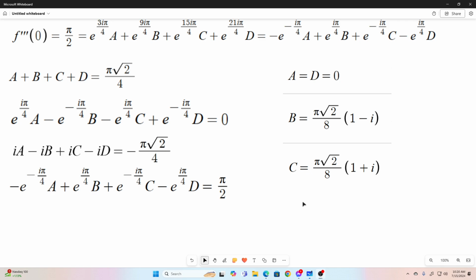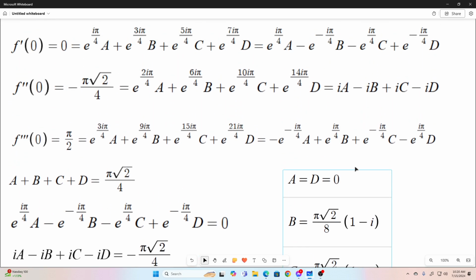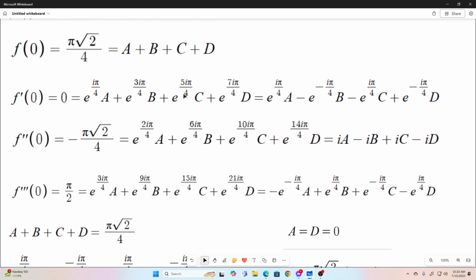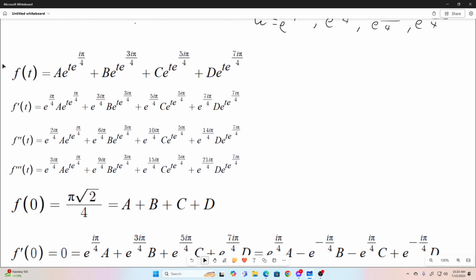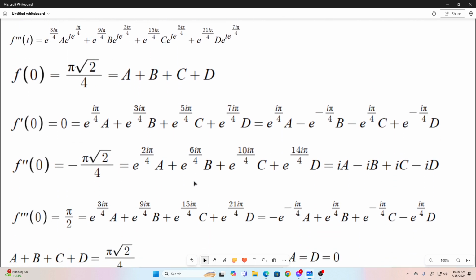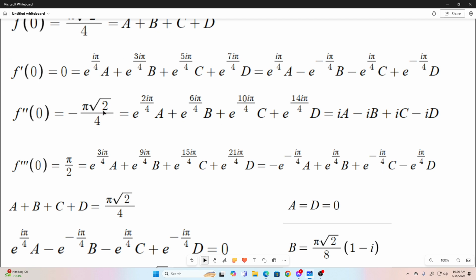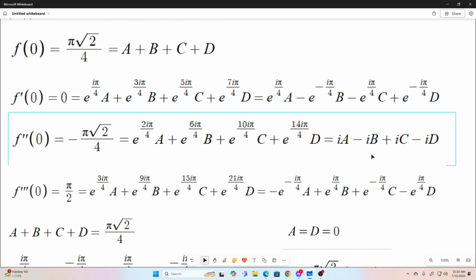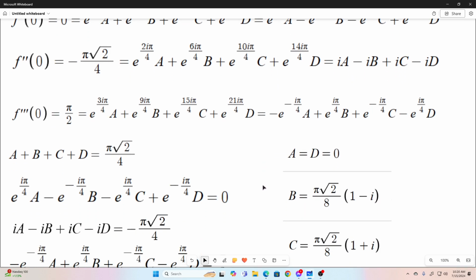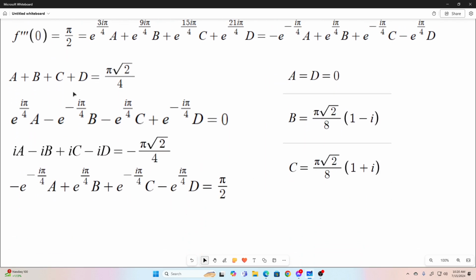Okay, so after having plugged in t equal to 0 into our functions up here, we got all this right here, which I simplified a little bit. So we are left with this system of equations.